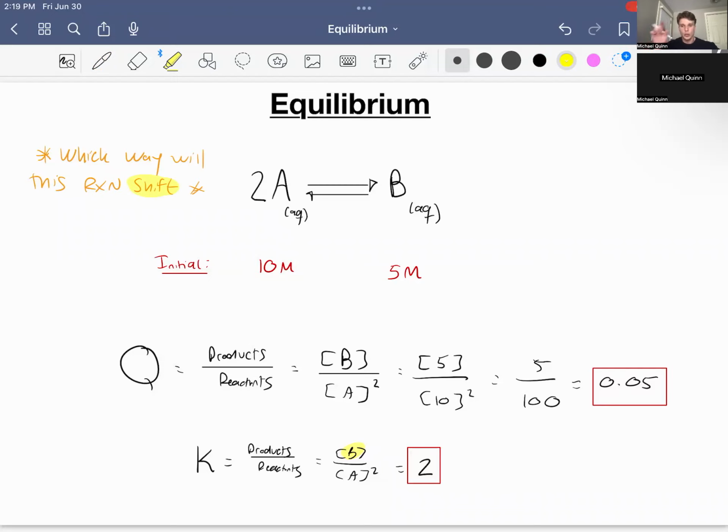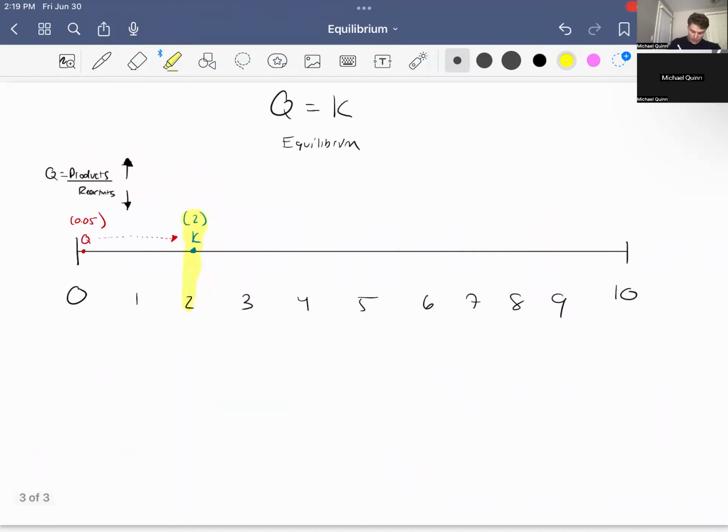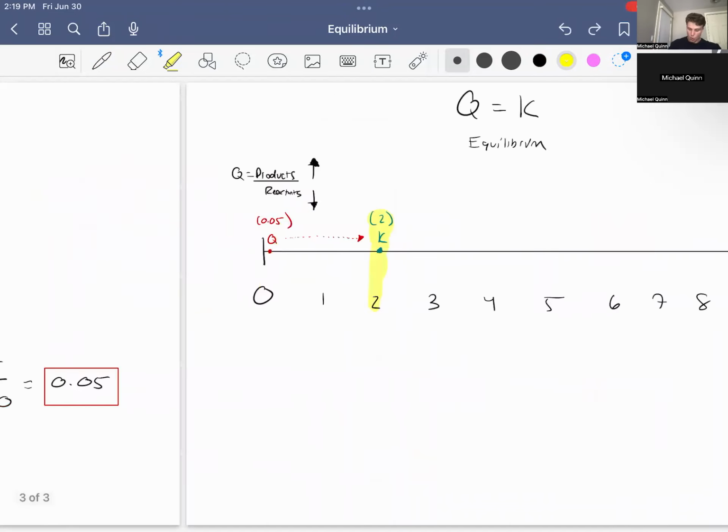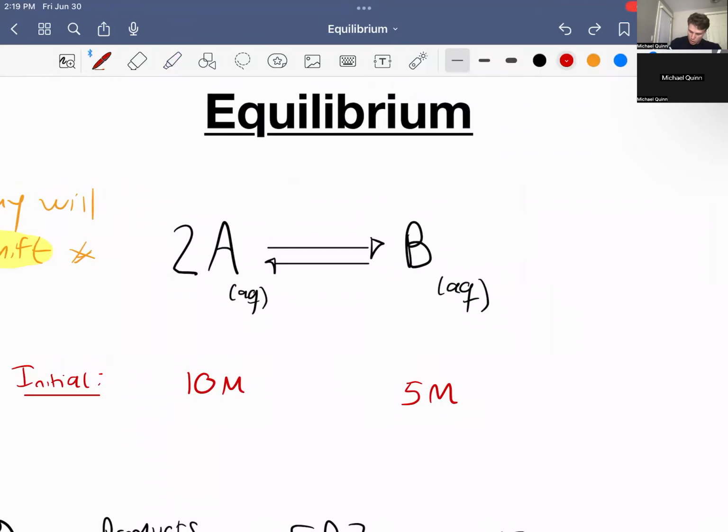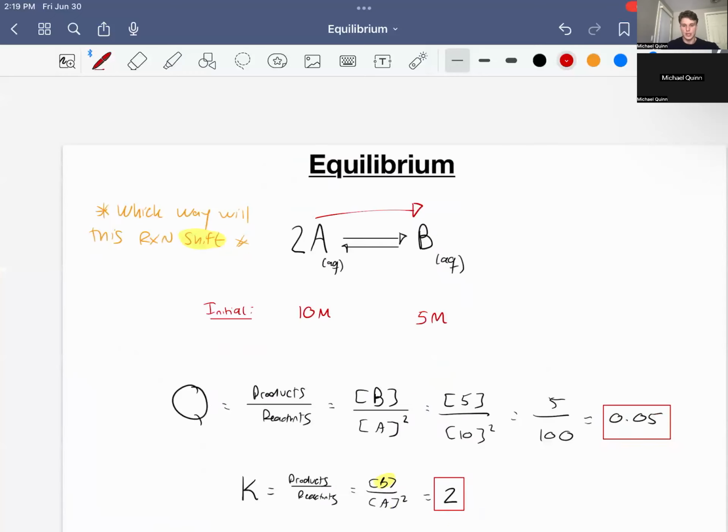To the products or to the reactants? Well, in this case, Q is less than K, so we need to make Q bigger to catch it up to K, so we should make more products, increase this fraction right here. So what we can say is we will make this reaction go towards the products and make B to increase Q.